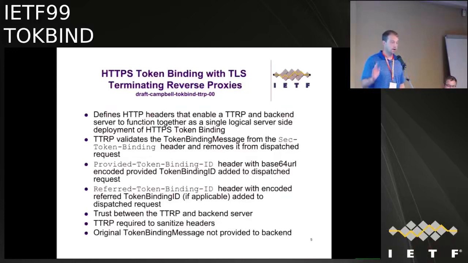Assuming it's all valid and all good, it takes the provided token binding ID, base64url encodes it, and adds it as a new HTTP header, this provided token binding ID, to the dispatch request. If in fact there's a referred token binding there, it encodes that as well and adds it as referred token binding ID.